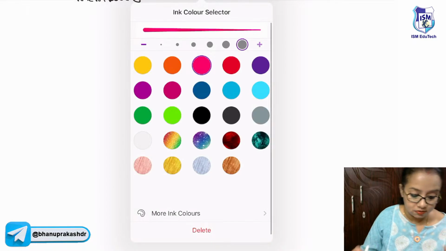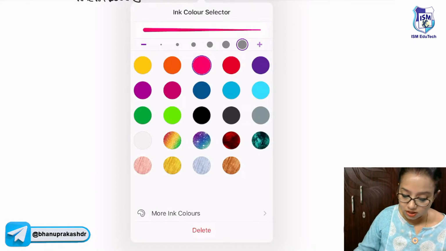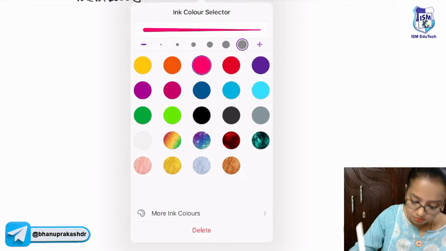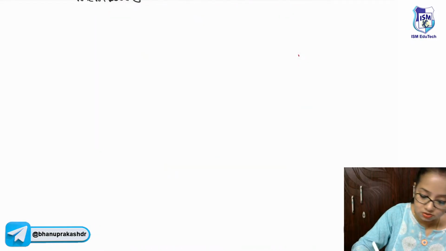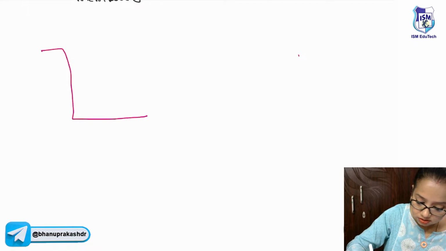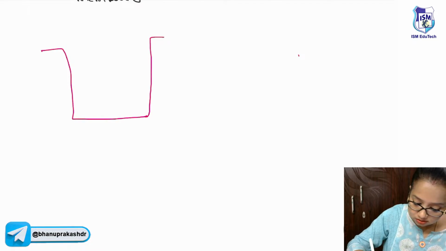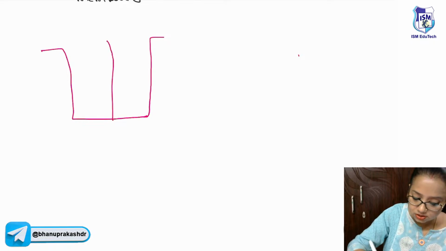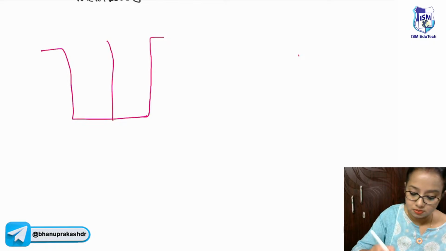Now, a very easy way of understanding osmosis is what? Just the process of osmosis. I'm not talking here about the physiological context or what happens in our body. Okay, just the process of osmosis. What is osmosis? See, this is a jar and it has got two compartments separated out by a permeable membrane.